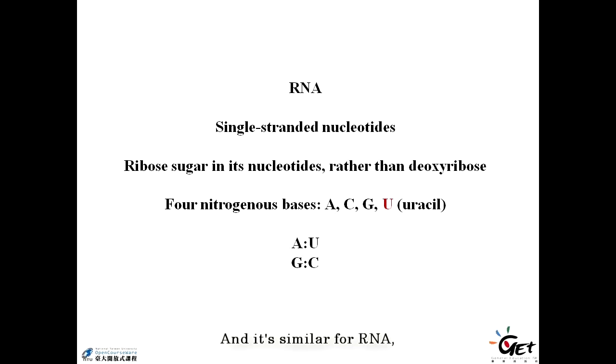It's similar for RNA, but we don't particularly talk about it because the only difference is that uracil replaces T. T and U are interchangeable for RNA sequences, and all the other rules are the same as for DNA sequences.